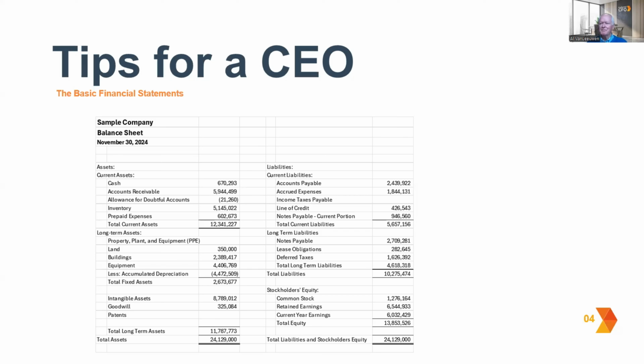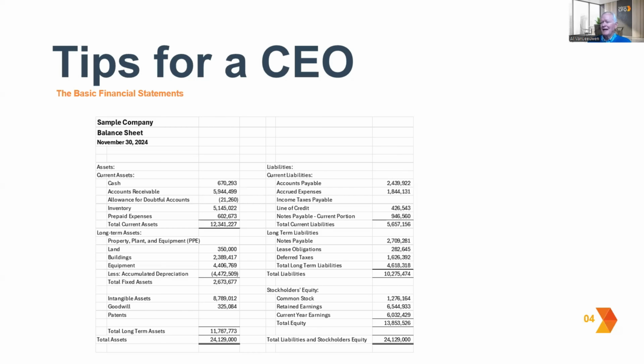If I look at this balance sheet, just to do some quick analysis, I would say right offhand, this company is doing pretty good in the ability they will have to pay their bills because the current assets, which are $12 million, are higher than their current liabilities, which are $5.6 million.